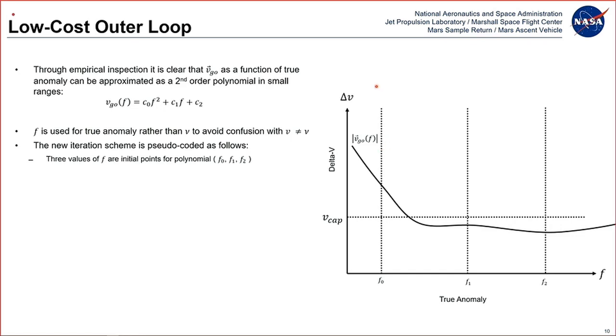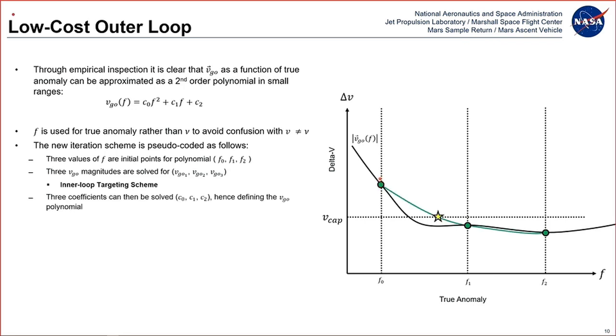It's partly because the velocity to go is so close to a parabola itself that it's a pretty good assumption. But anyway, we have three different true anomaly values. And at those three true anomaly values, we then compute three velocity to goes using our inner loop. So now we've got three true anomalies and three velocity to goes.